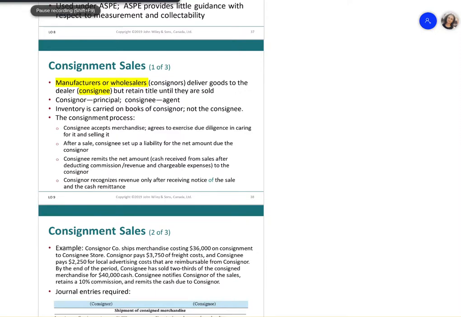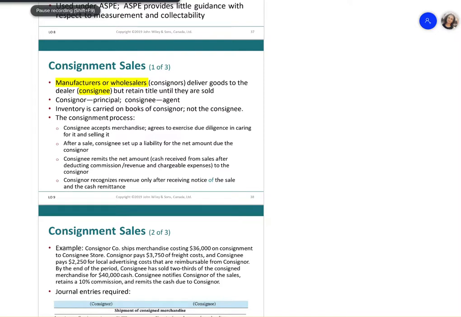If you go to the grocery stores, say Coca-Cola is putting their Coke in there. You see them loading the shelves.